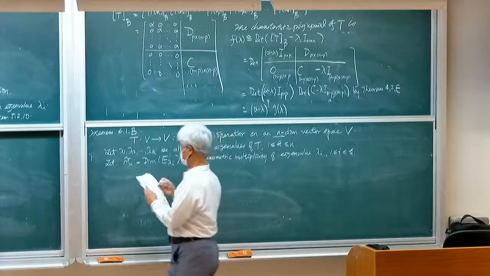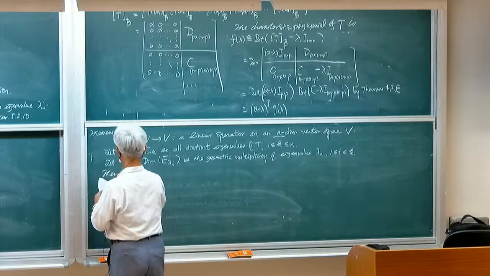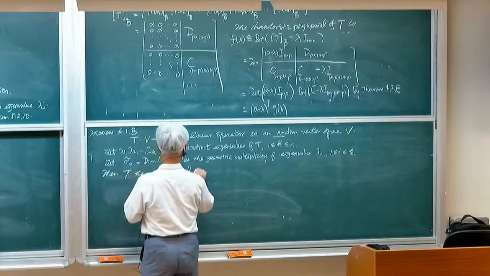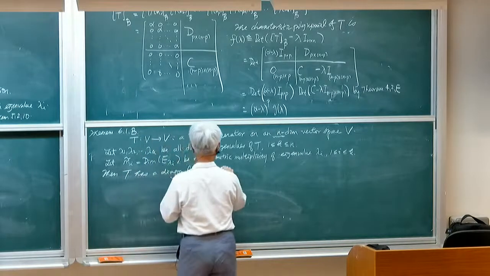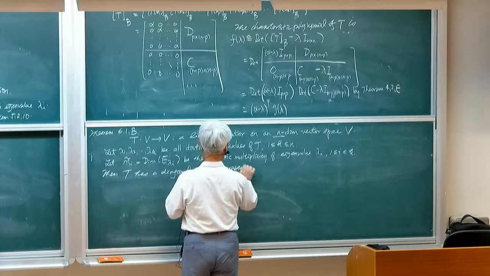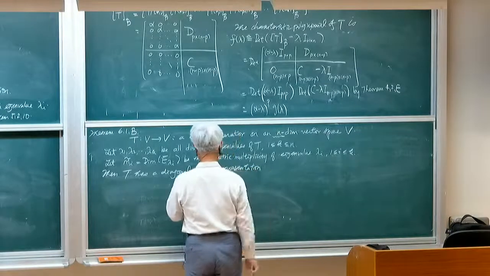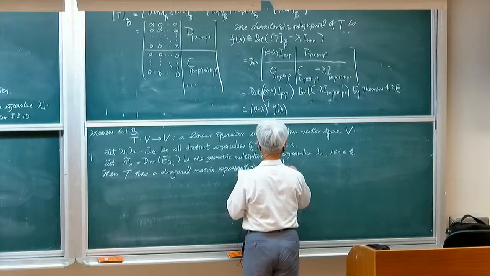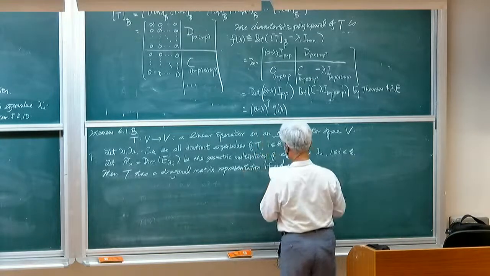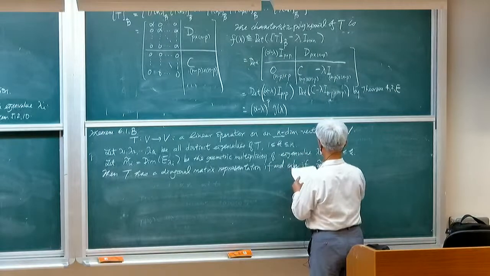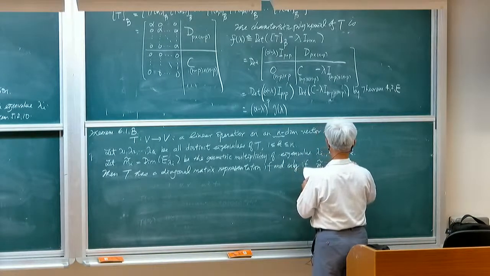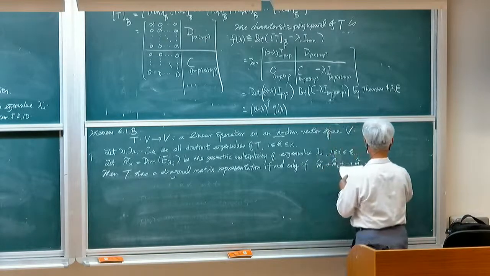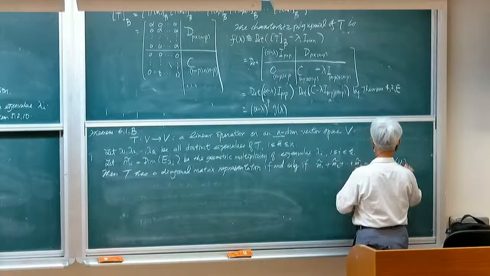All right, so then T has a diagonal matrix representation if and only if m1 tilde plus m2 tilde plus up to mk tilde is equal to n, which is the dimension of V.